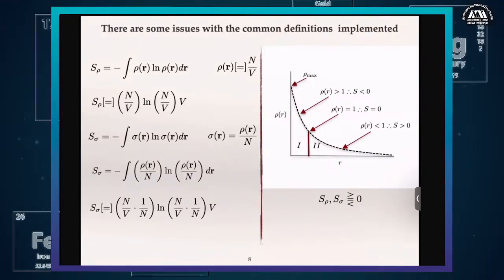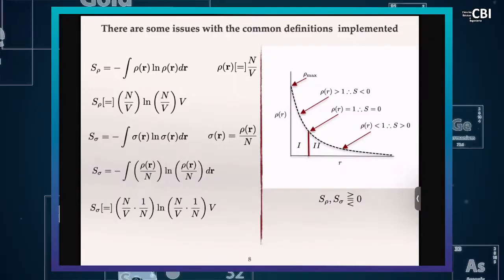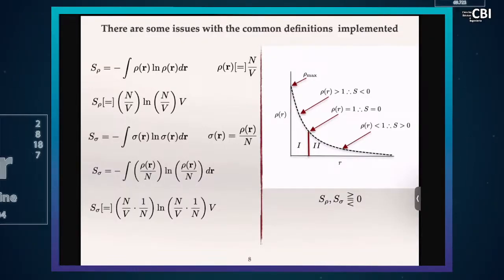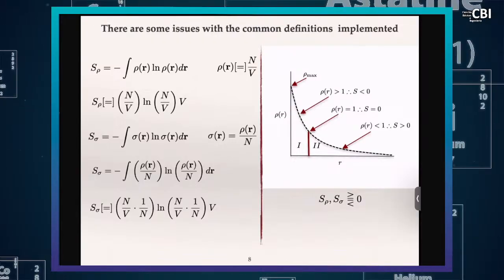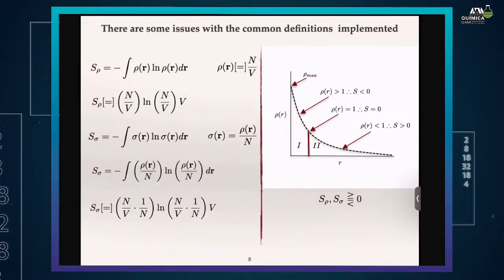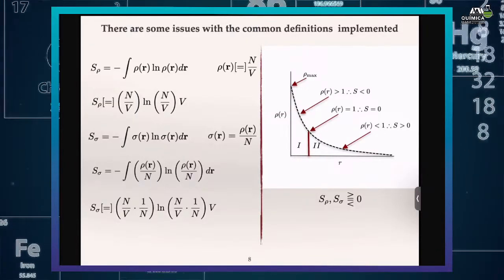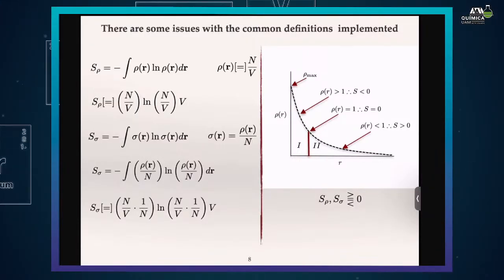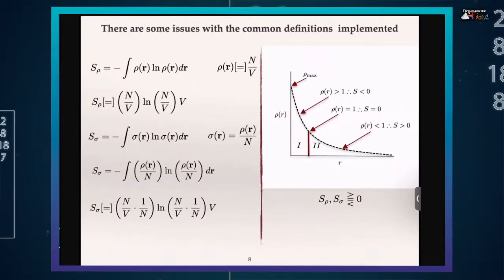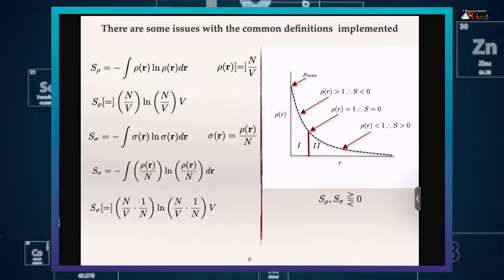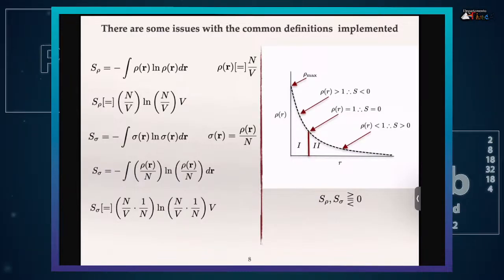The other common expression for Shannon entropy is defined in terms of the shape factor, which is the electron density divided by the electron number. If we again perform a dimensional analysis, we observe that the argument of the natural logarithm has units, which again is a mistake.